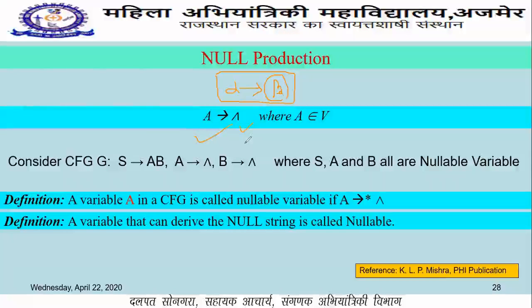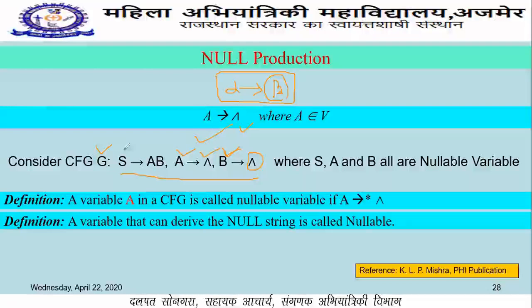So if we consider a grammar G and the productions of grammar G are like this, then of course B tends to null, meaning B is a nullable variable because it derives the null string. And A is also a nullable variable because it also derives the null string.